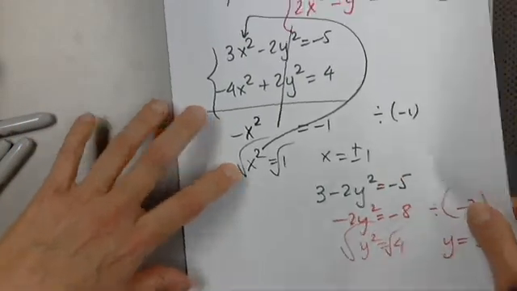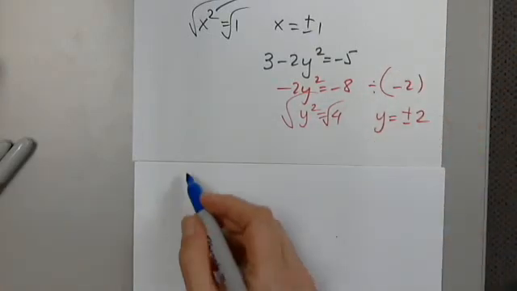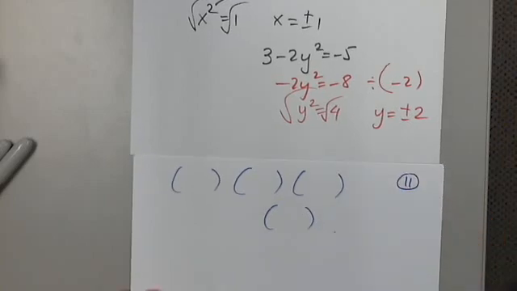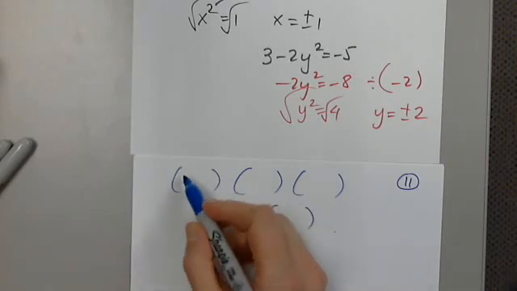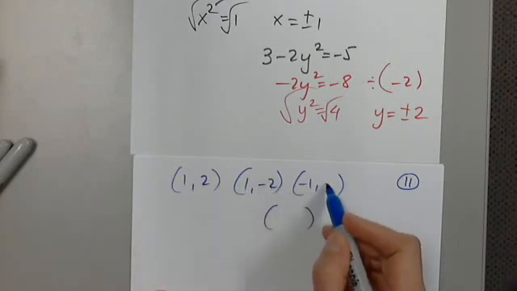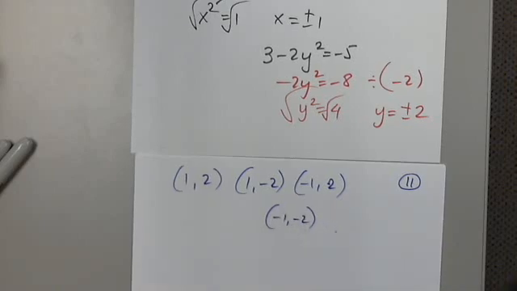So that's why we have to write 4 different solutions. Can anyone give us all those 4 solutions, please? 1 comma 2. Very good. 1 comma negative 2. Very good. Negative 1 comma 2. Very good. And negative 1 comma negative 2. Perfect. Awesome. Well done.